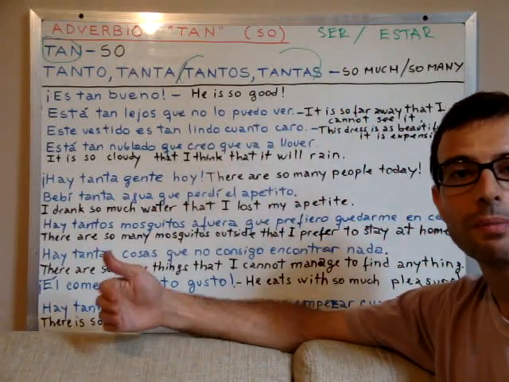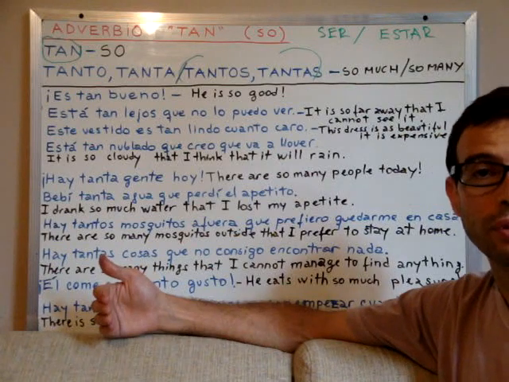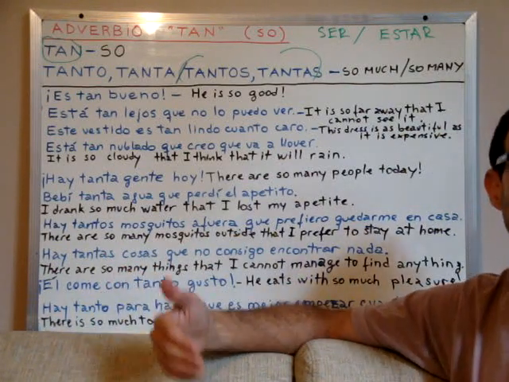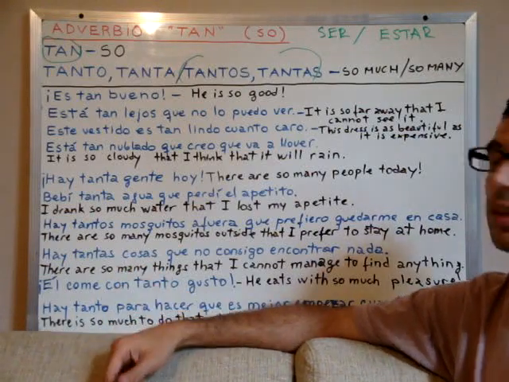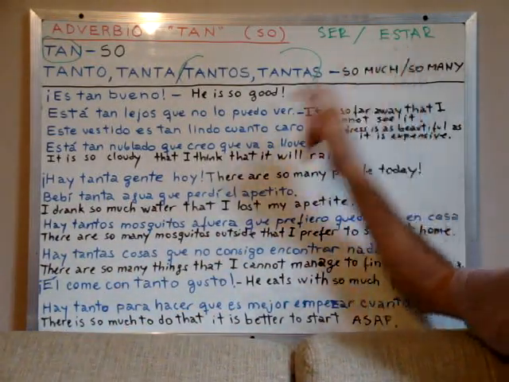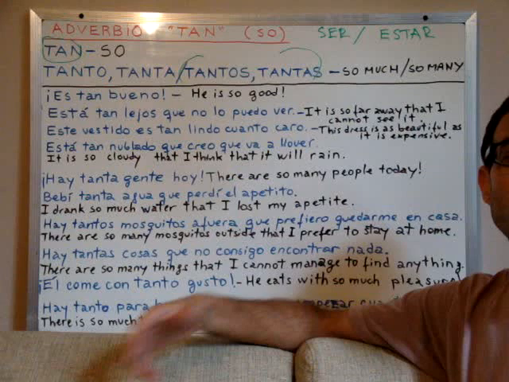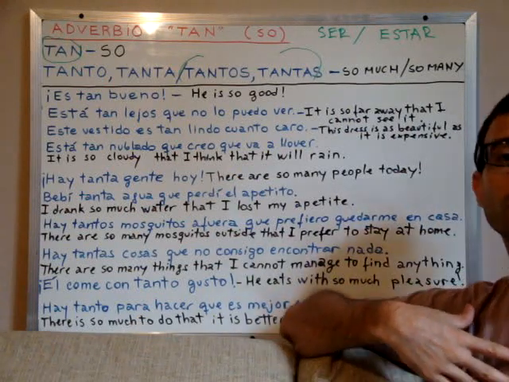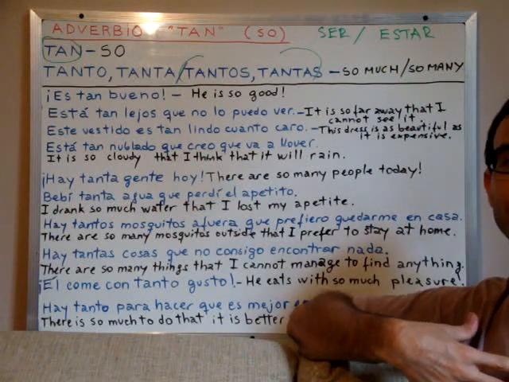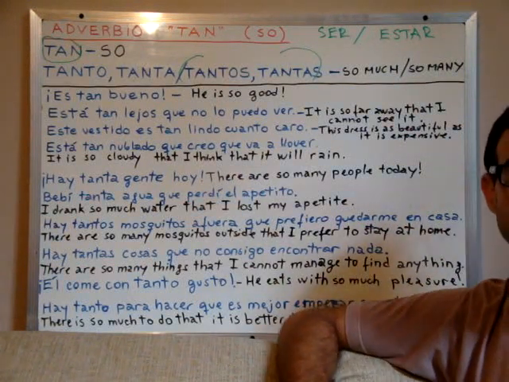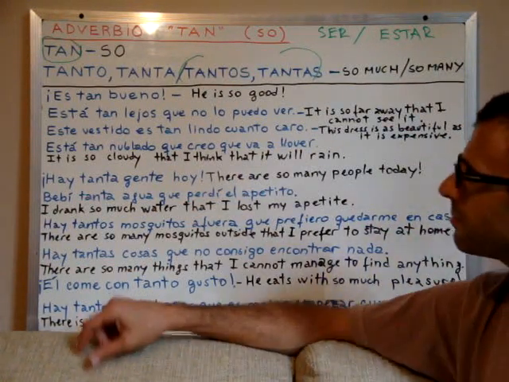But if it is something, a feature that is mutable, that can change, like being happy, being sad, okay, that's not permanent, then we use the verb estar. In Spanish I would say, yo estoy contento, or feliz, I am happy, or yo estoy triste, sad, okay?